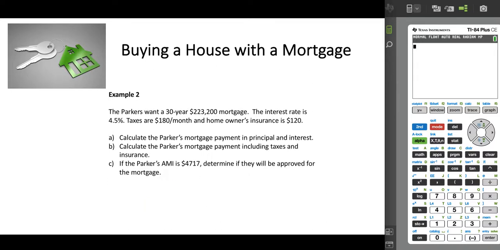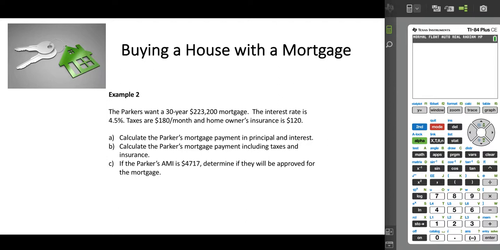Okay, example 2. So now let's look at the house the Parkers want to buy. The Parkers want a 30-year, $223,200 mortgage. The interest rate they are looking at is 4.5%. The taxes on the house are about $180 a month.